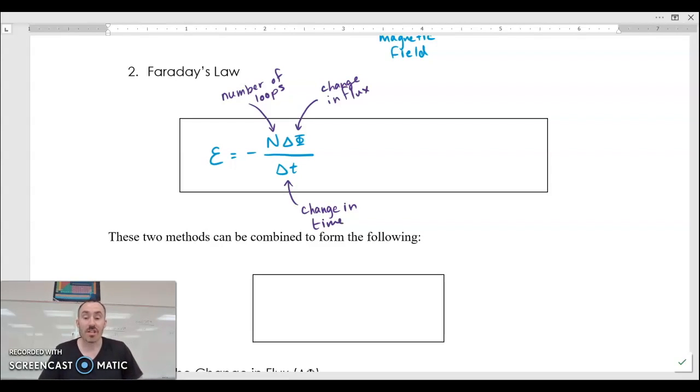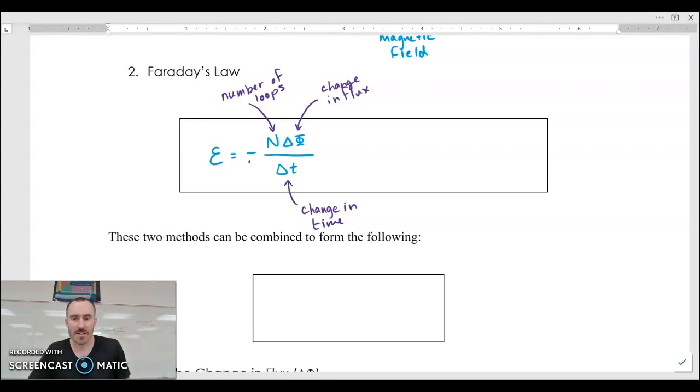And this last one is change in time. Now, the quicker you change the flux, however you're doing it, the greater the EMF will be. So if I can make my change in flux in 0.1 of a second, that will give me a greater EMF than changing my flux in 1 whole second. Okay, so the faster you make the change, the greater the EMF will be.